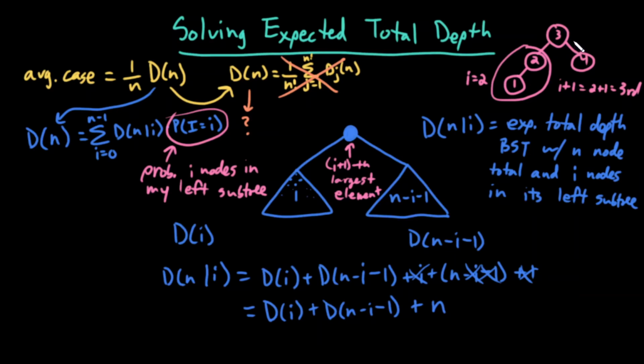And what made 3 be the root of my binary search tree? Well, by definition, the root of a binary search tree is the first node that was inserted.